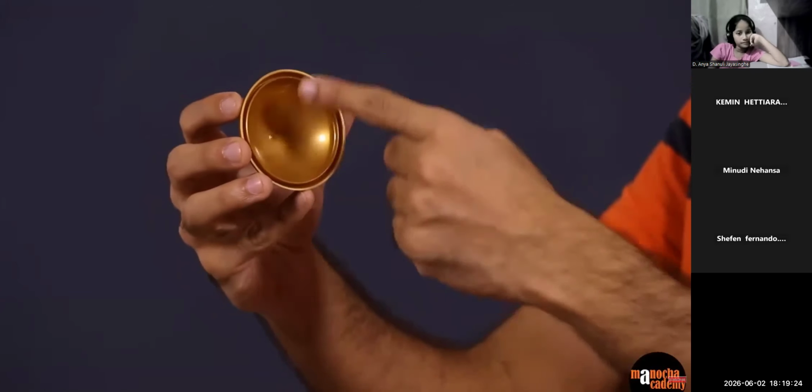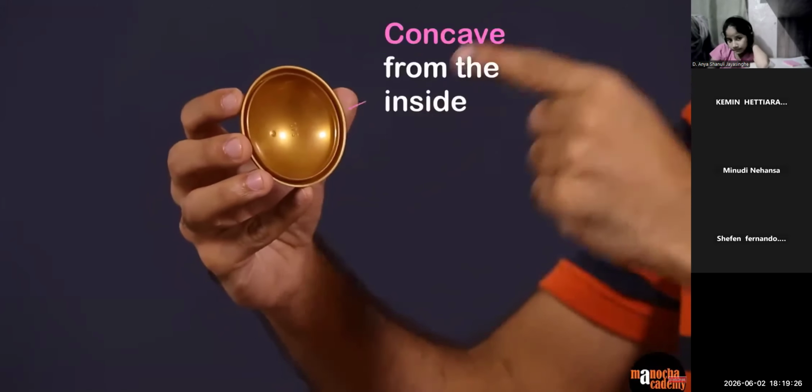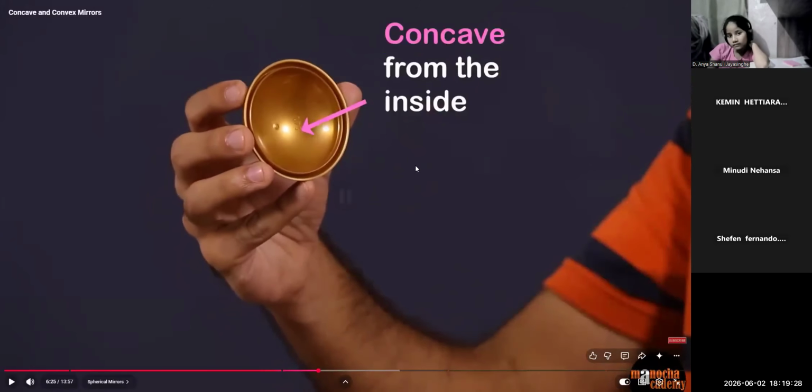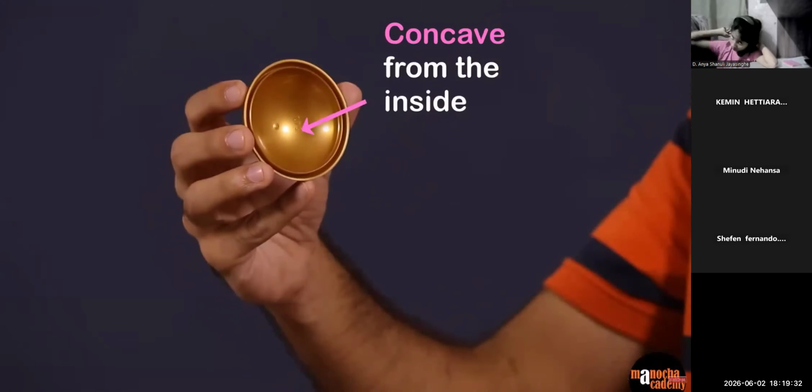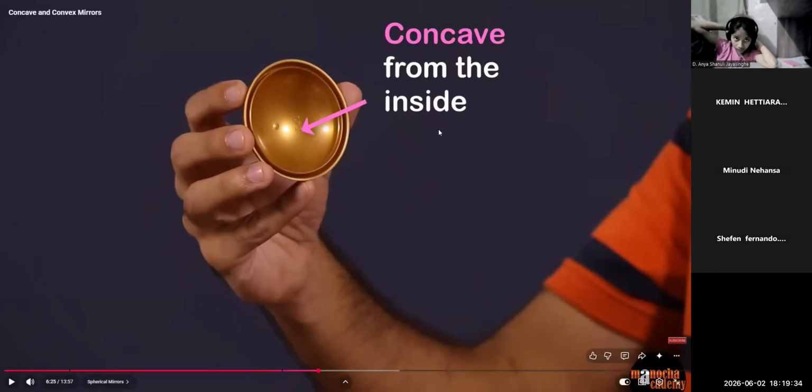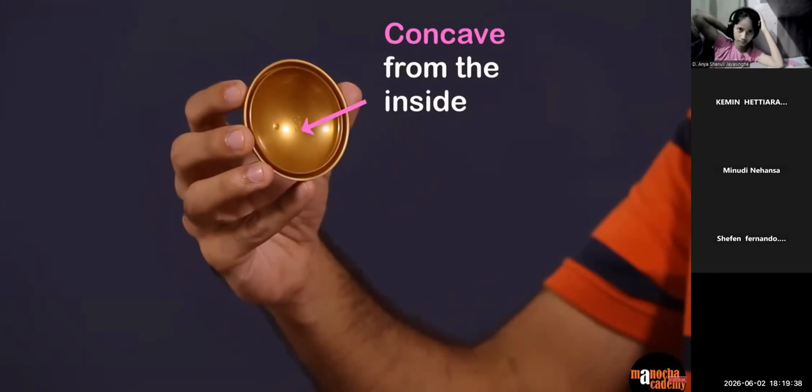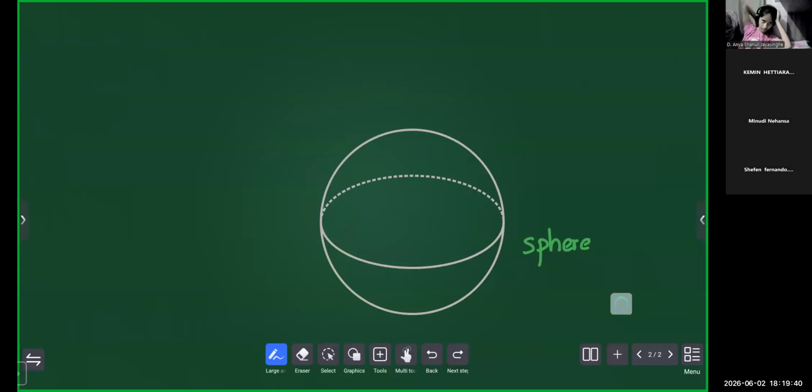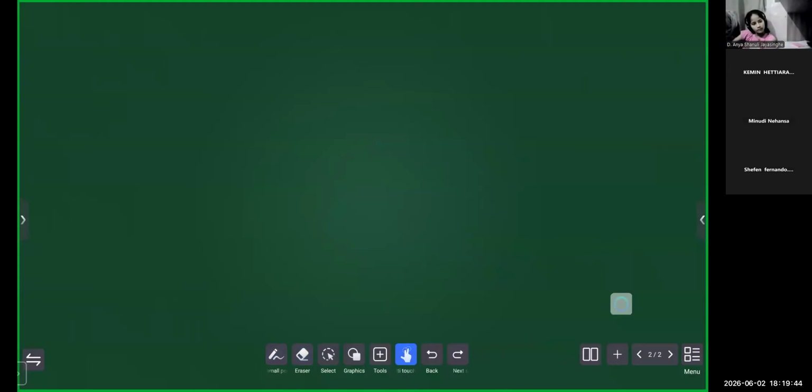If the inside portion is polished, it's called a concave mirror. Inside, if we apply mercury, what will happen? It's concave. Actually, let me show this on the board here. Last time I explained, this is the plane mirror.